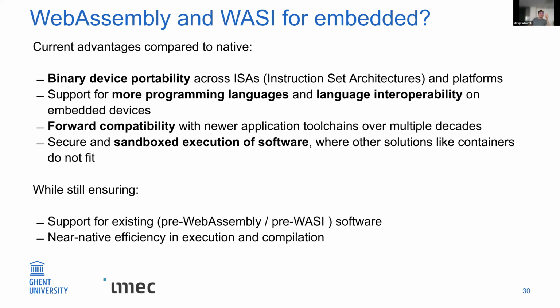And then also, very, very important, near native efficiency in execution and compilation. Interestingly, in some of the benchmarks that we're doing, the WebAssembly micro runtime actually has better performance than native code because of the optimization opportunities in WebAssembly binaries.